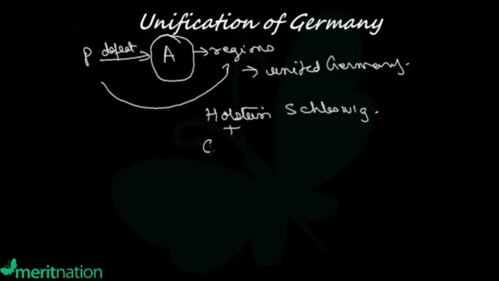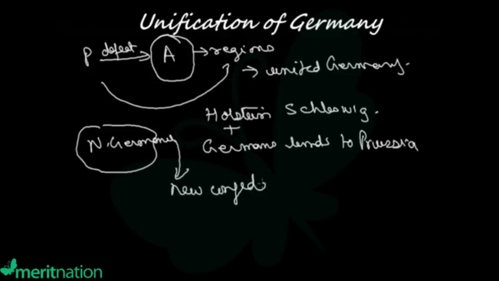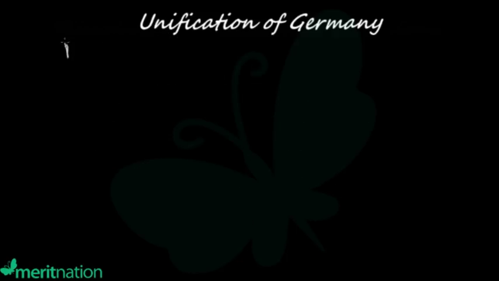He also brought several other German lands under the control of Prussia, and he made this northern Germany into one new confederation. So by now, we see that Prussia has defeated the Danish and has already defeated Austria. The next enemy that it had was France.